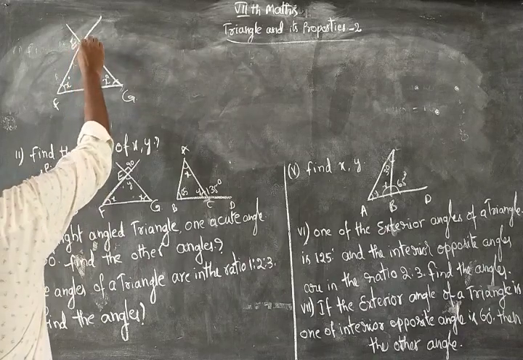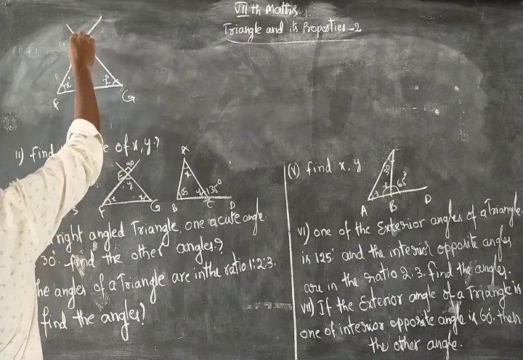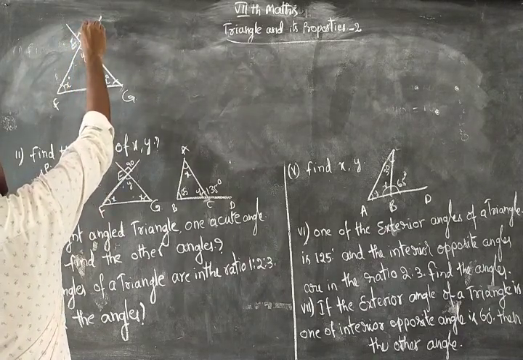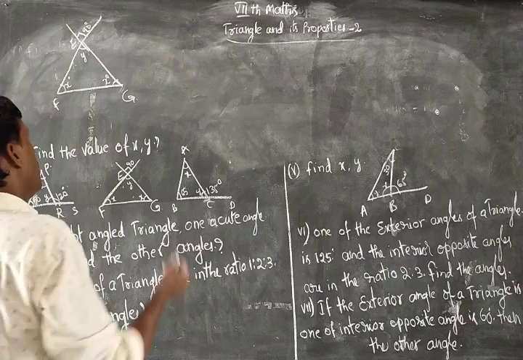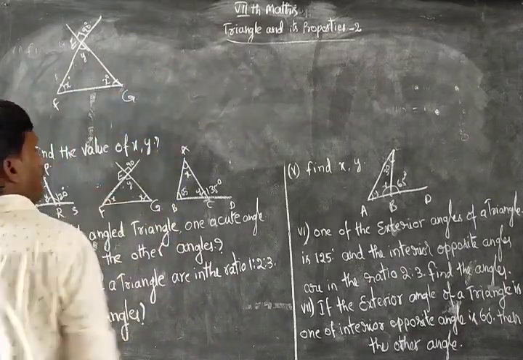We don't know the value of y degrees, and he gave 90 degrees. In triangle EFG, we have to find the x and y values.